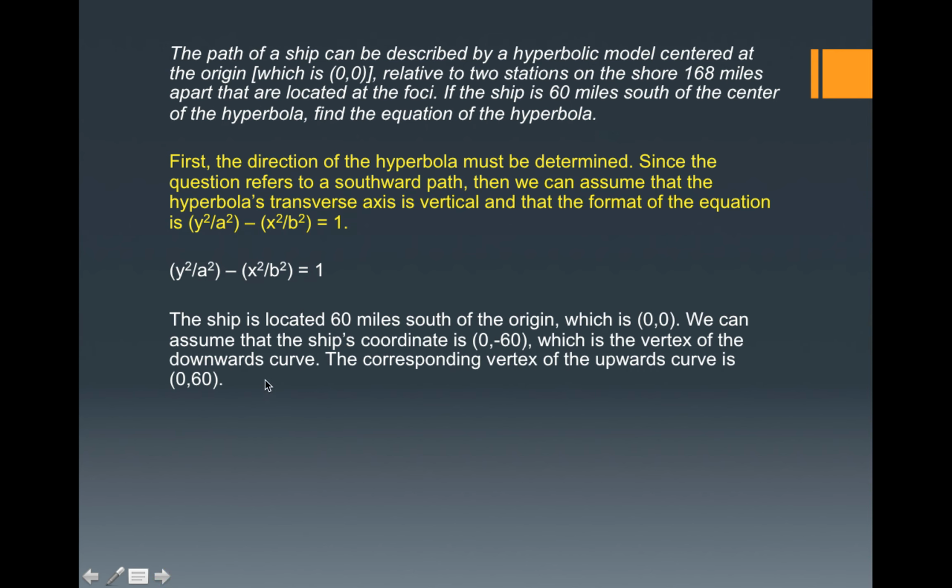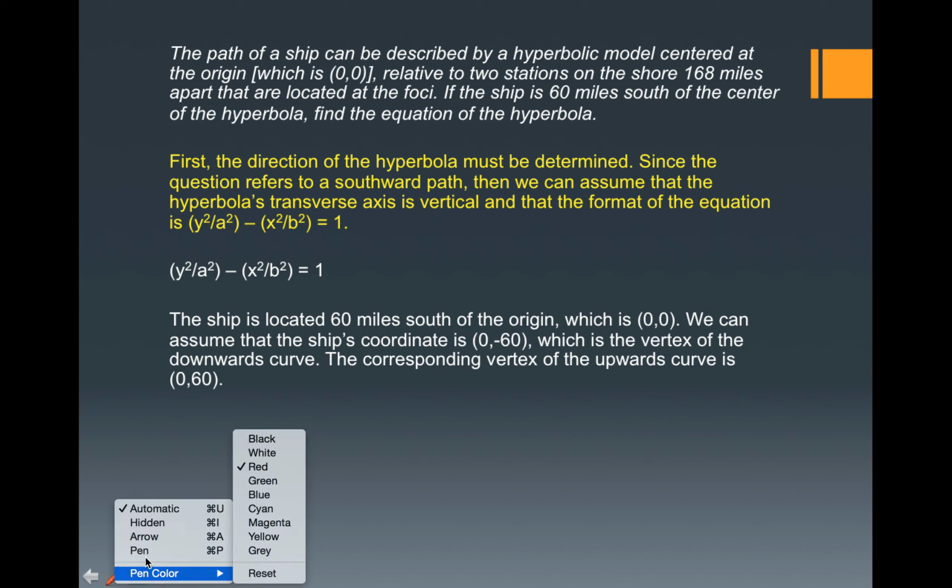Okay, the ship is located 60 miles south of the origin, which is, again, 0, 0. So we can assume that the ship's coordinate is 0, negative 60, because it is 60 units away south, which is down, from this value. So 0, negative 60 is the vertex of the downwards curve, and the corresponding vertex of the upwards curve is, therefore, 0, 60.